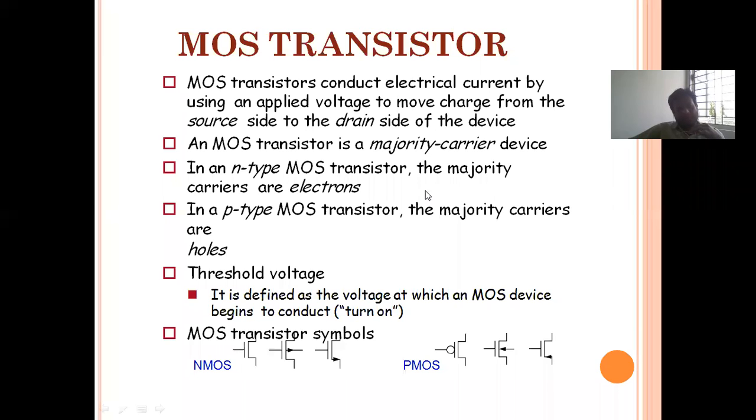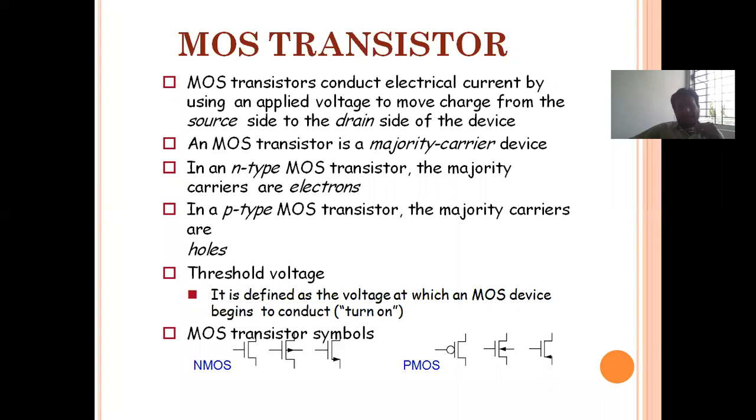But in the case of the enhancement MOS transistor, we have to apply a voltage to form a channel. After a channel exists between the two doped regions, current flows between the source and drain terminals. In VLSI, very large scale integration, there are 20,000 to 10 lakh transistors on a single chip.